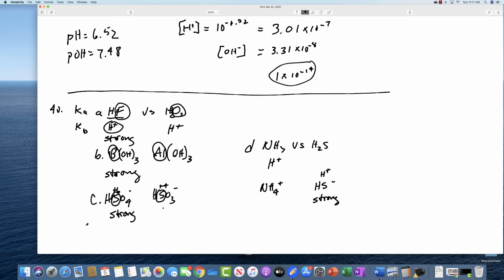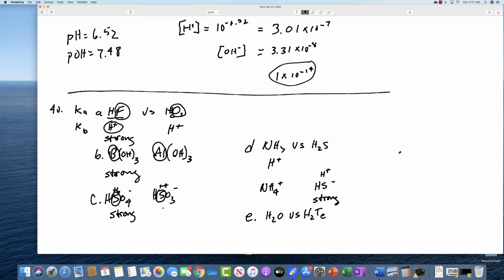So the last one is water versus H2Te. Now what we have to do is compare O to Te. Te is in the same group, 6A group, that O is in, but it's lower.